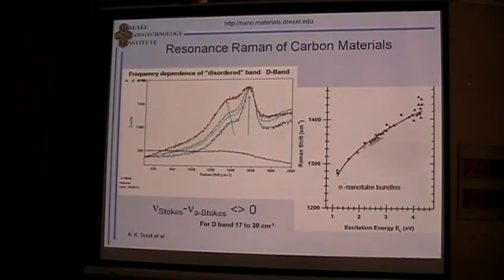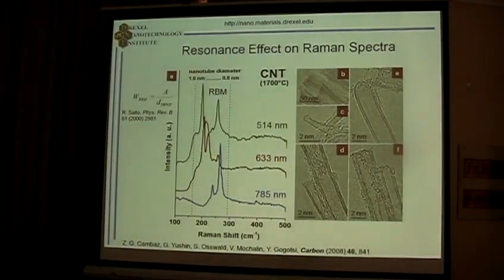So if you take a deep UV laser, you won't see the D-band at all, you won't excite it at all. And it will be shifted. So this is something just to keep in mind when doing analysis for the material. And also, since it's a resonance band, double resonance band, Stokes and anti-Stokes intensity will vary here.